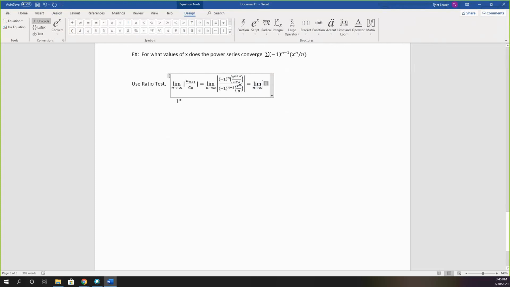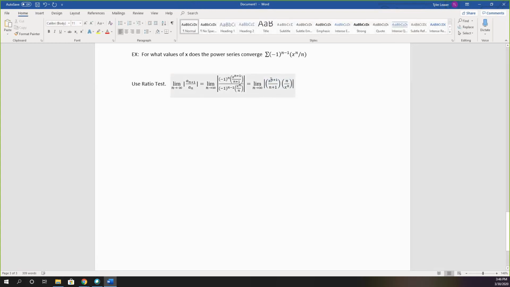I'm going to leave the absolute value because we haven't dropped that yet. We're just dropping the -1 from the absolute value. And that's going to be my first fraction here, the x to the n plus 1 divided by n plus 1. That multiplied by the reciprocal of the denominator fraction, n over x to the n.